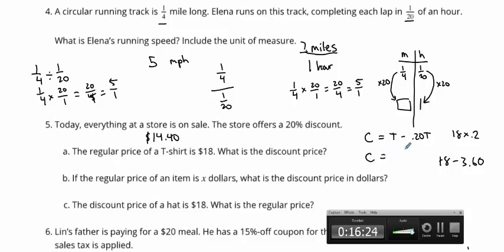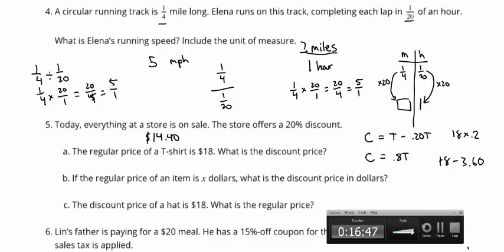Another way we could look at this is, instead of 18 minus 20% of 18, we could say if we get 20% off, that means we're paying 80%, right? We're paying 80% of the price. We aren't paying 100%. We get the 20% off, so we only have to pay 80%. So we could say it is 0.8, which is 80% of the shirt.